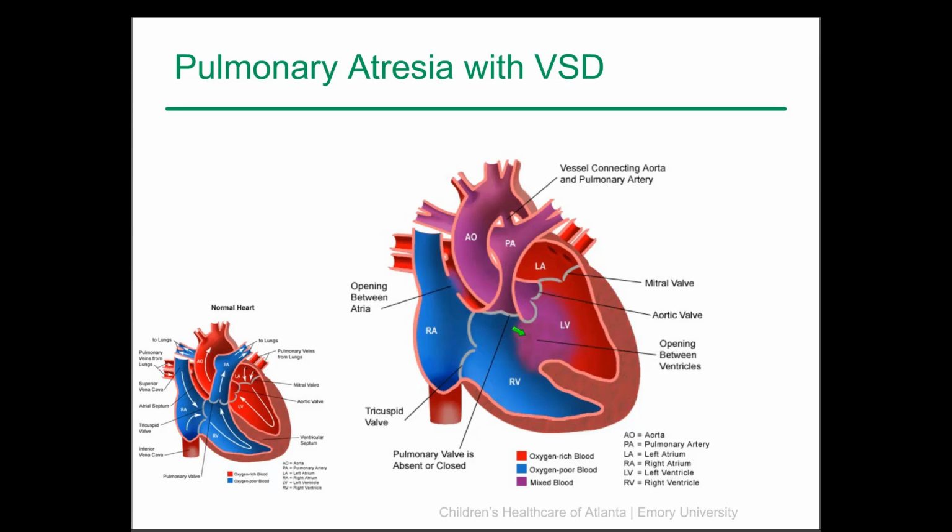So many kids with pulmonary atresia with ventricular septal defect will have what we call a lot of collaterals, or if you've heard the term MAPCAs, that's major aortopulmonary collateral arteries. So you'll often see pulmonary atresia with VSD with MAPCAs.